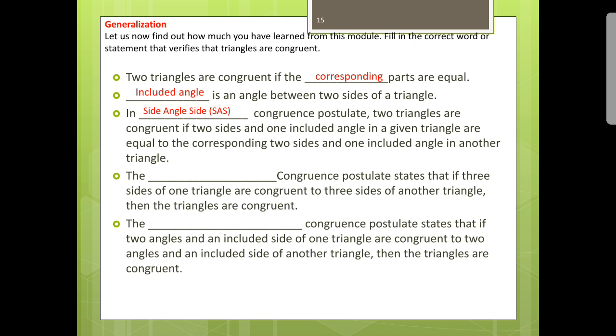There is an included angle. Next, the blank congruence postulate states that if three sides of one triangle are congruent to three sides of another triangle, then the triangles are congruent.